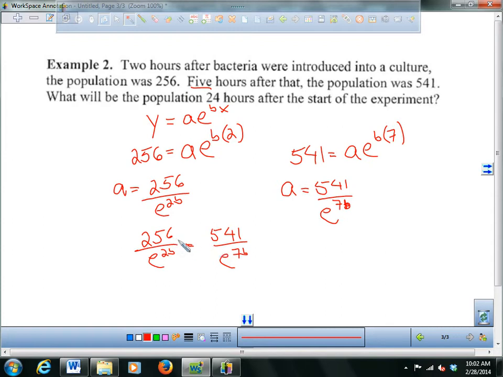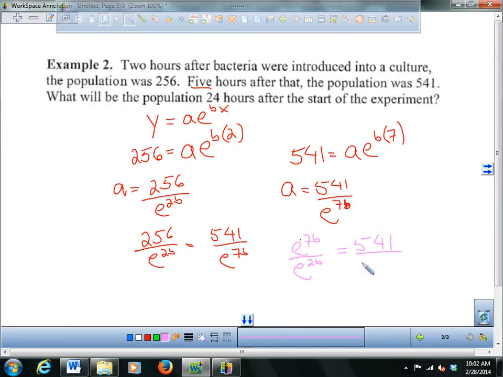I said I divided both sides by 256 and I multiplied both sides by e to the 7b, because then I can have that e to the 7b divided by e to the 2b equals 541. I think this is kind of the easiest way to see.